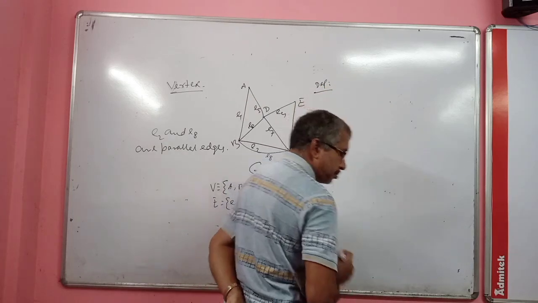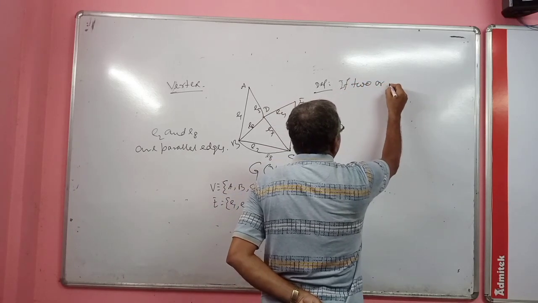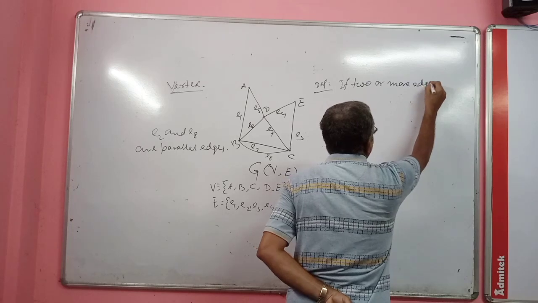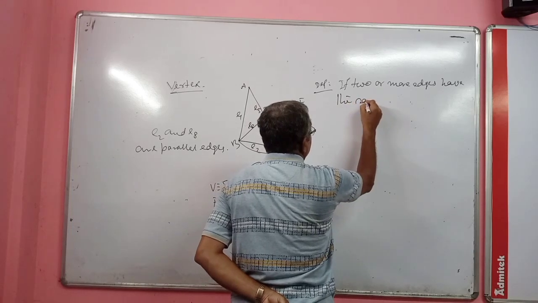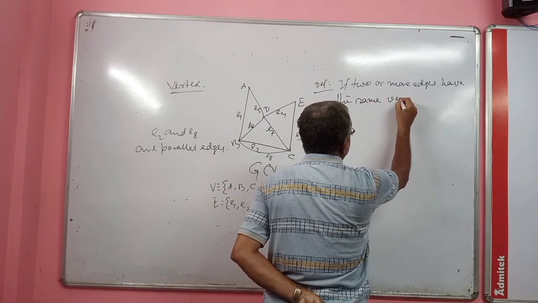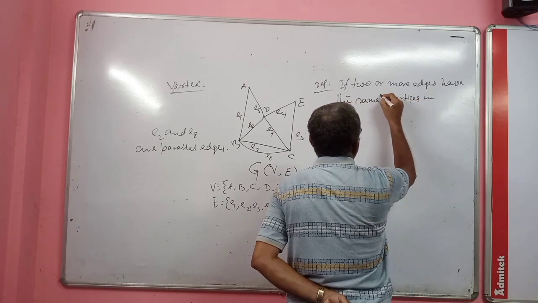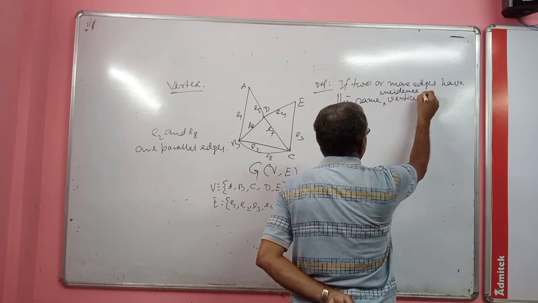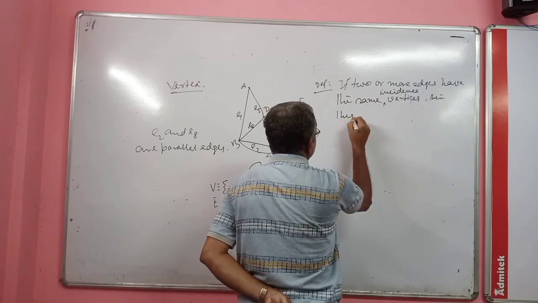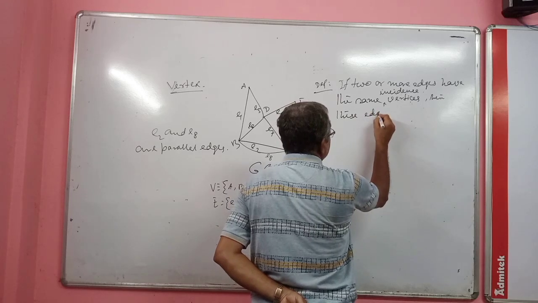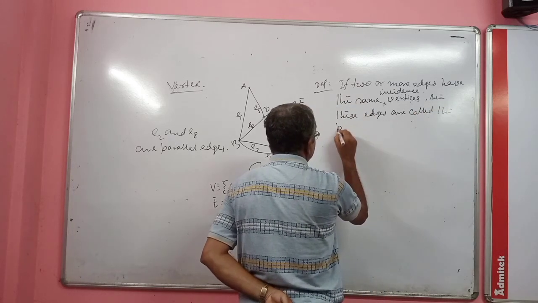So we can define parallel edges as: if two or more edges have the same incidence vertices, then these edges are called the parallel edges.